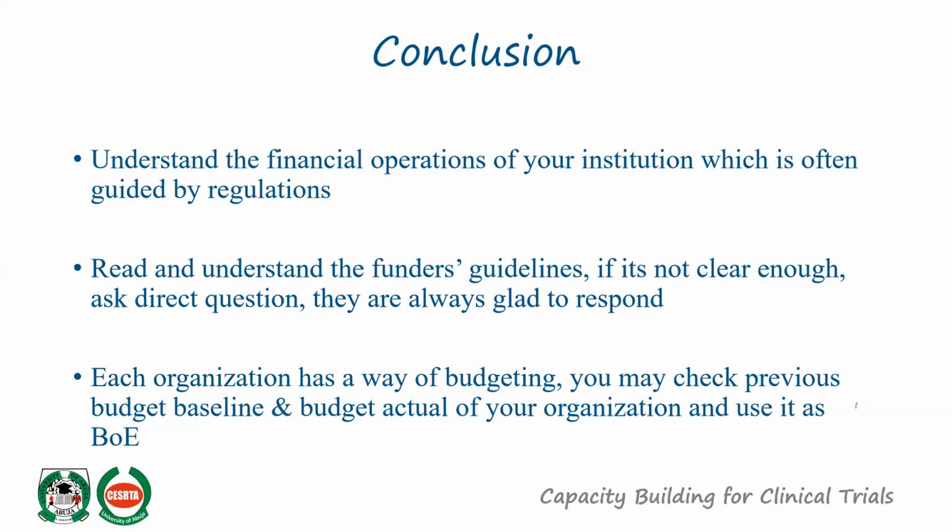For example, if somebody is just coming to the college for the first time and is preparing a budget, and doesn't ask whether we have a basis of estimate for the salary of the principal investigators, the person will not be able to do the right budget.